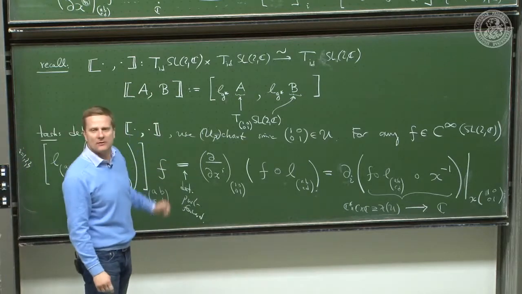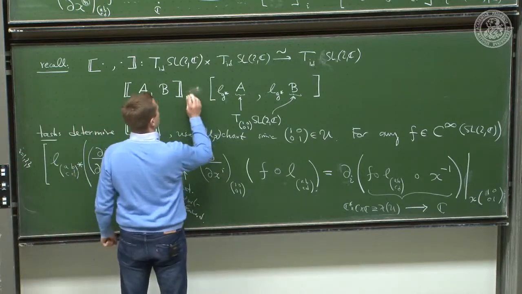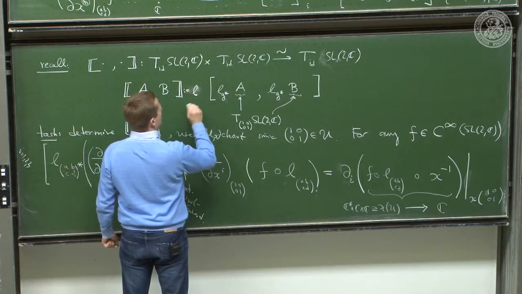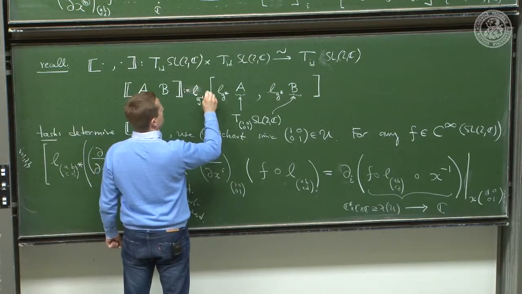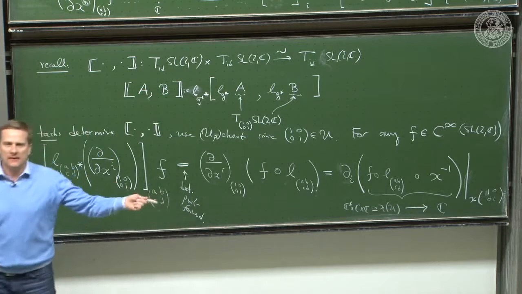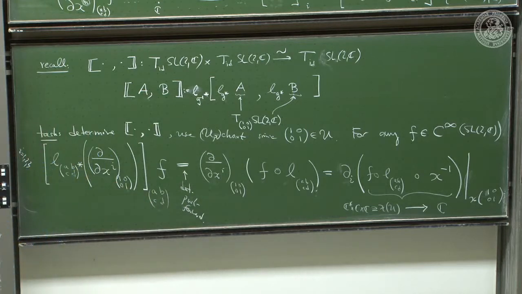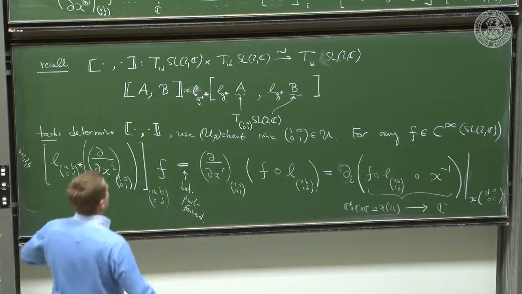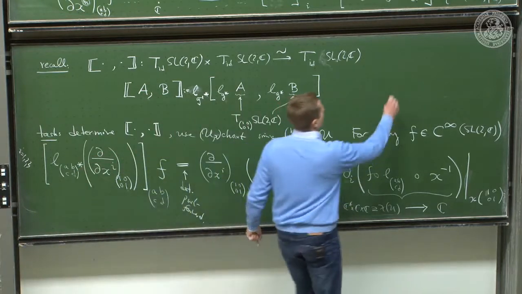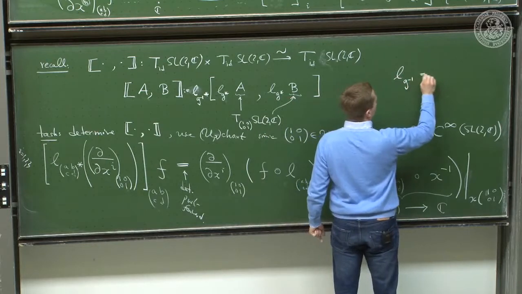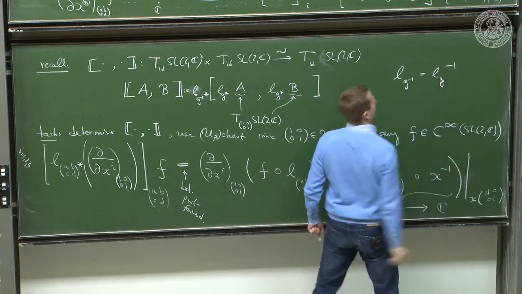I need to go backwards again, but that's also not a problem. That's just L_G inverse push forward. I push it in the opposite direction again, and of course the left translation has an inverse. That's obvious. You can check that. L_G inverse is the inverse of the left translation.